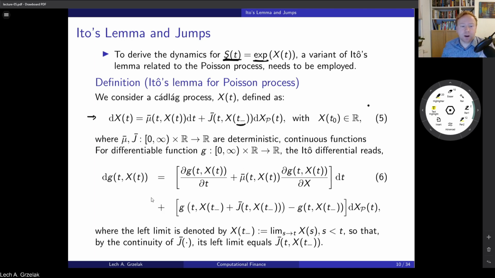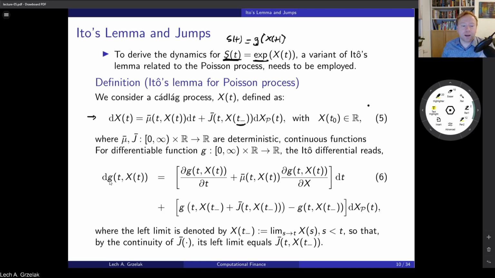So Ito's lemma for a Poisson process is defined as follows. If we have a function S, we can consider S as a function g of xt. So we need to find the dynamics for this. With Ito's lemma, if we have a stochastic process and we define a function of it, we are able to find the dynamics for that.